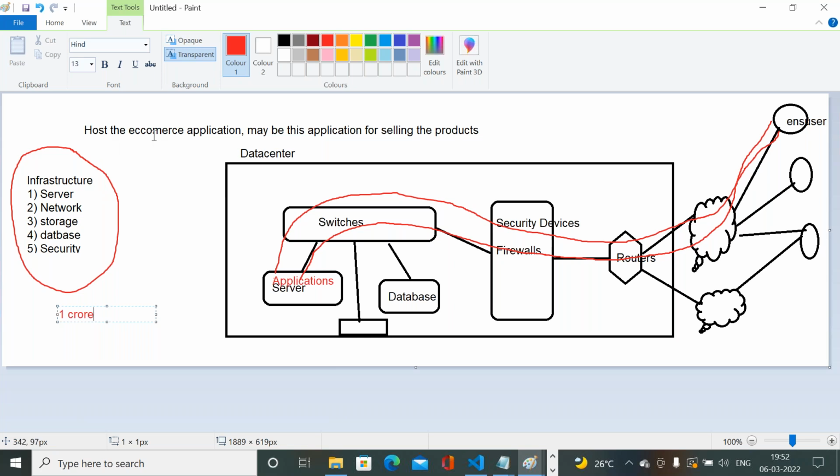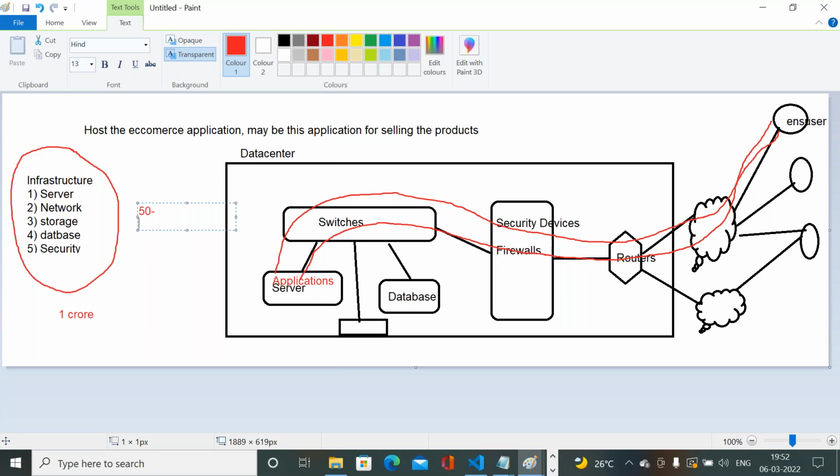Since he is very new to the organization, new to IT, new to the application, he doesn't have any revenue. So what he will do is try to take some loans from the banking sectors, or invest some amount of money, and he'll try to build it. Once he deploys the application, there is a 50-50 chance that this application will click.